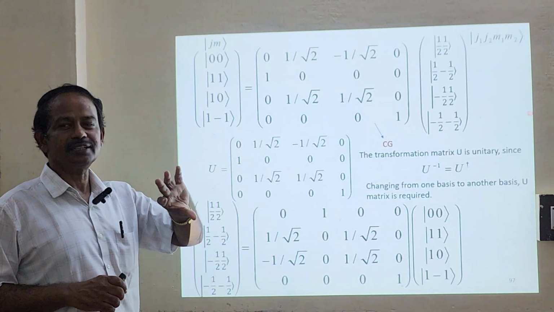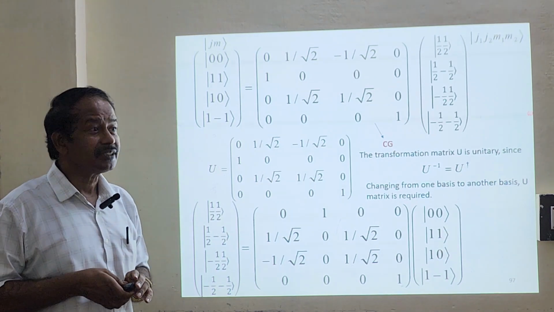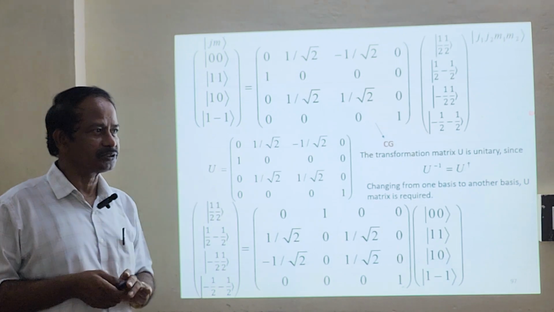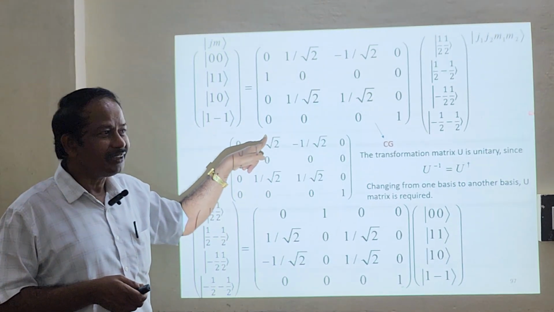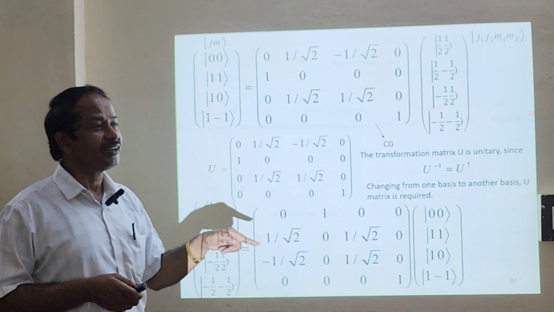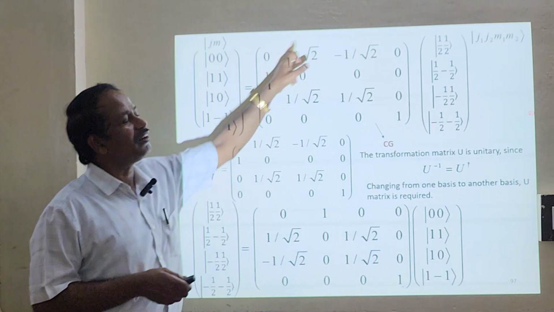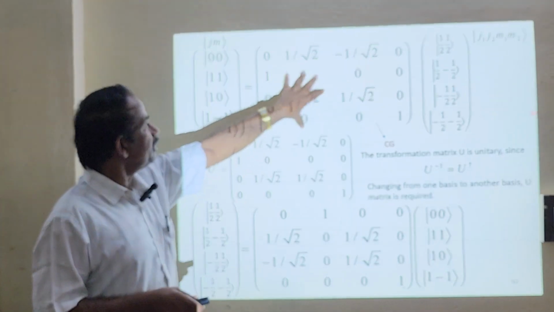You are going to change the rows into columns, columns into rows, and take the complex conjugate. Transpose and complex conjugate. But you have only real values. We discussed already that all Clebsch Gordan coefficients will be real values. See, all are real values. So we can transform from here to here.